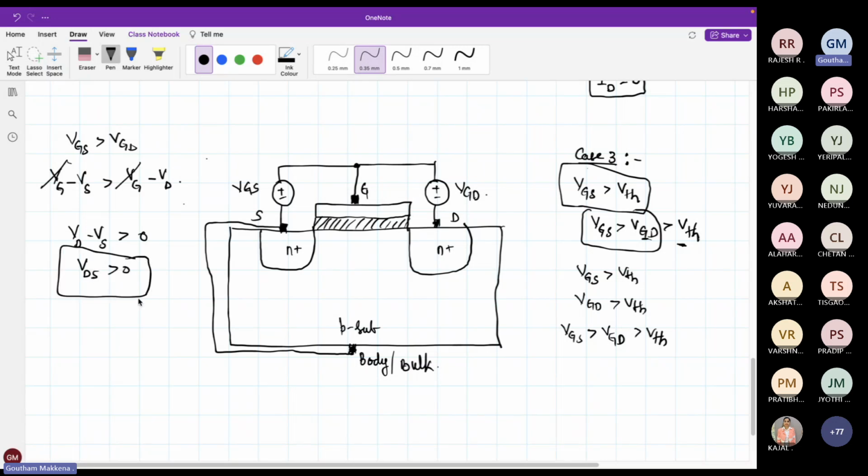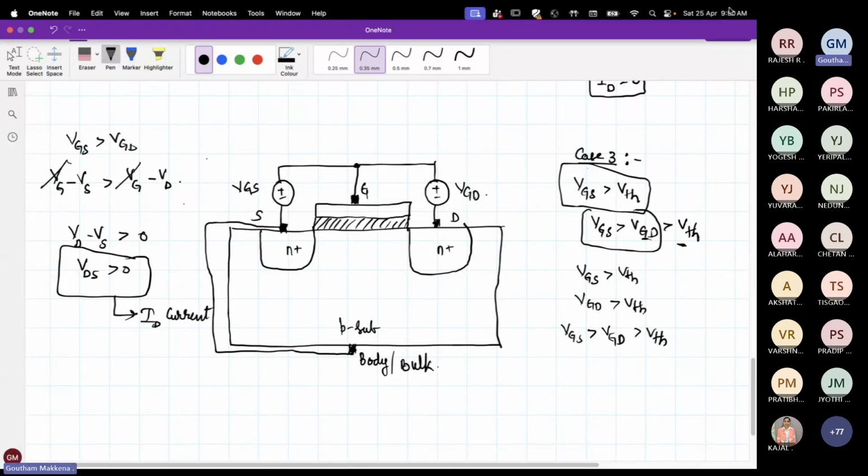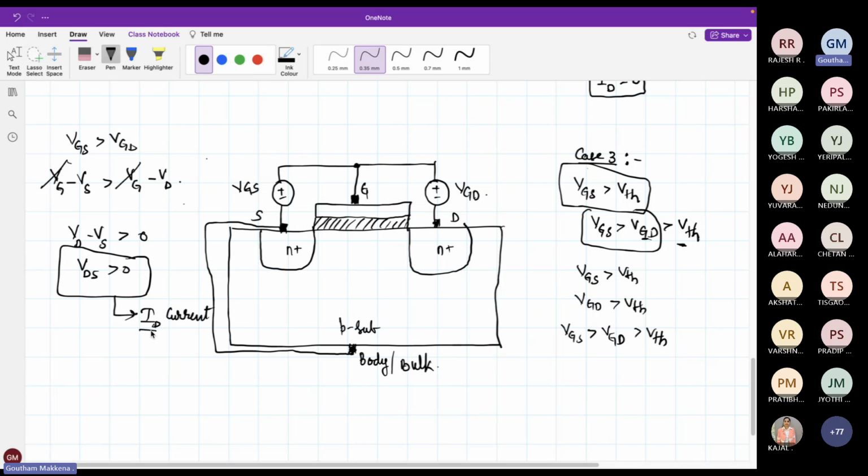So what does that mean? There is a potential difference between drain and source. Will there be any current? Yes, there will be a drain current. We will see when we derive the MOS current equation what the magnitude of this drain current is.